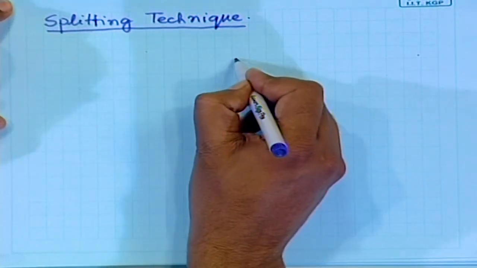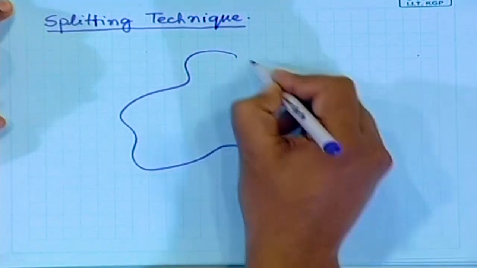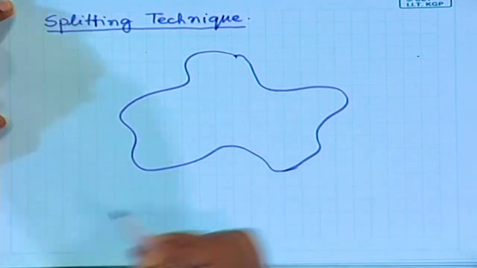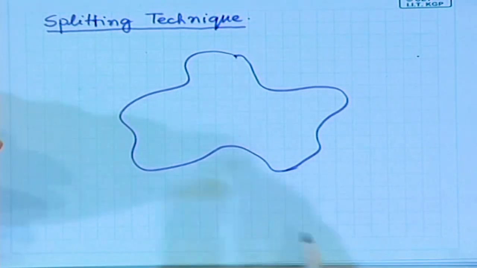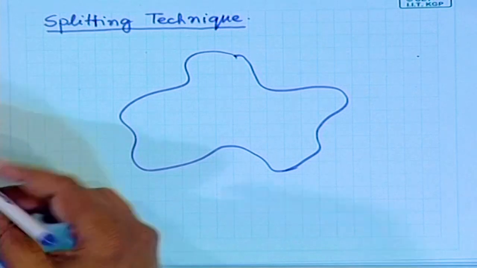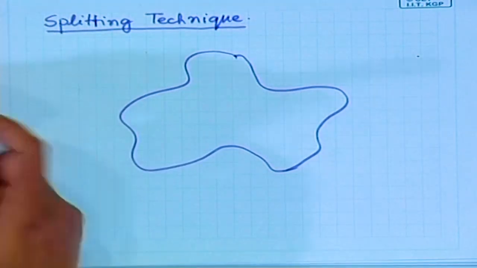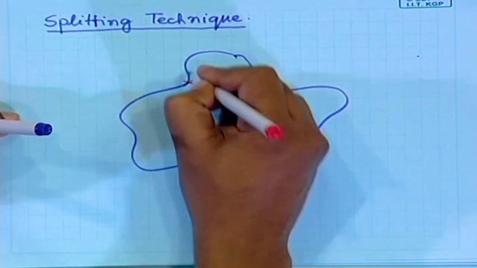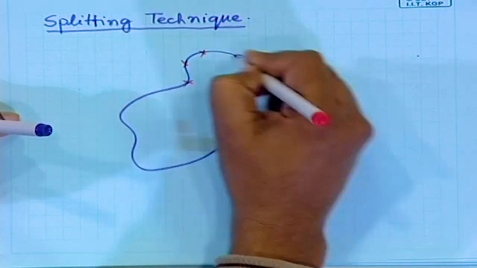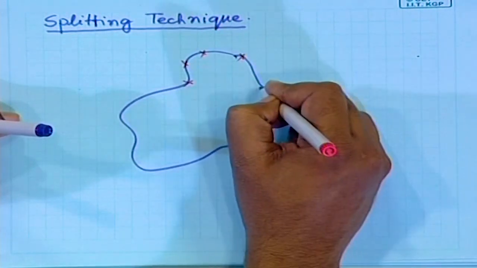In the splitting technique, again, if I have an arbitrary boundary something like this, what I have to identify is a set of points on this arbitrary boundary along which this boundary can be split.